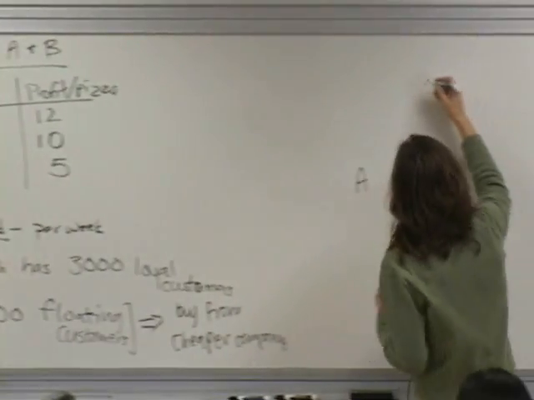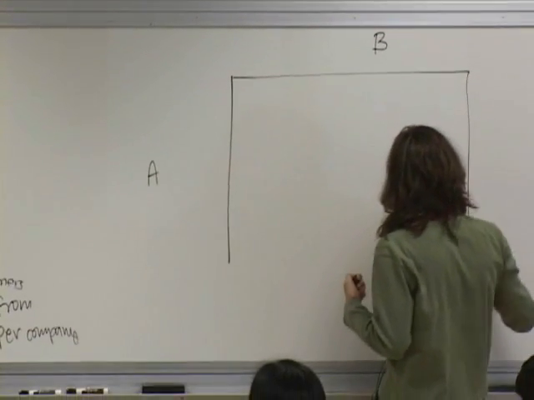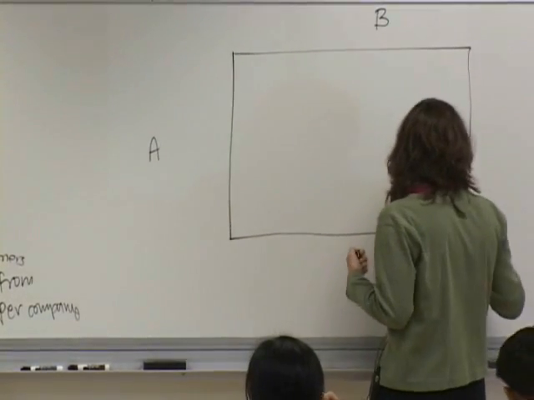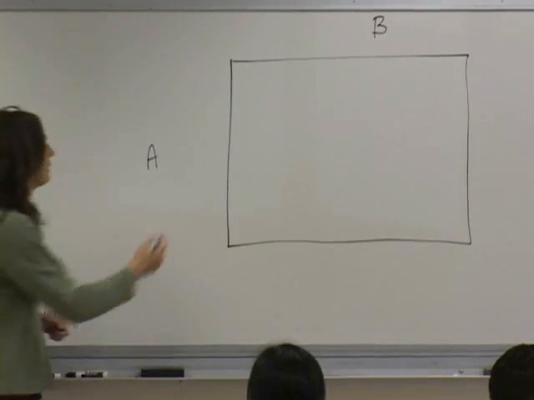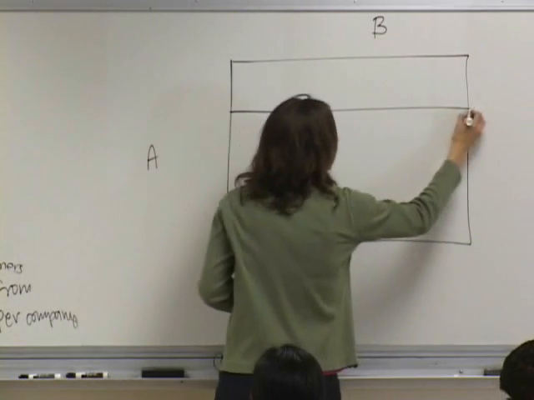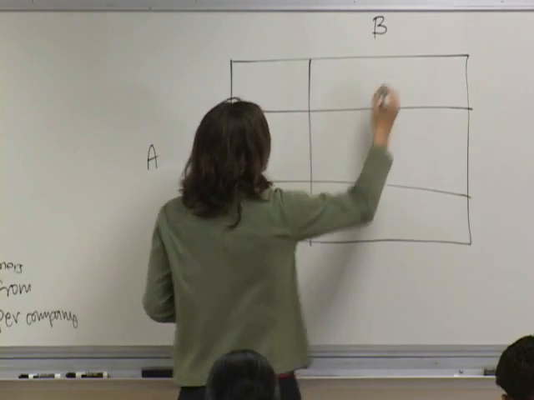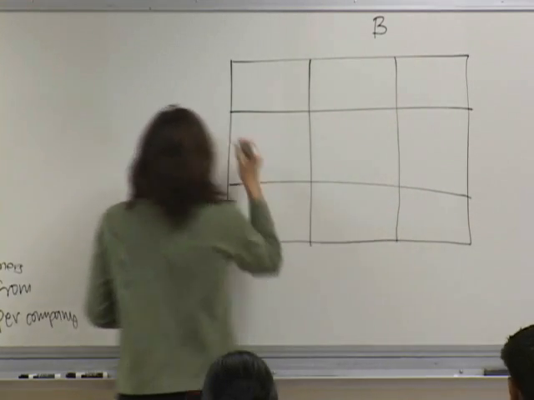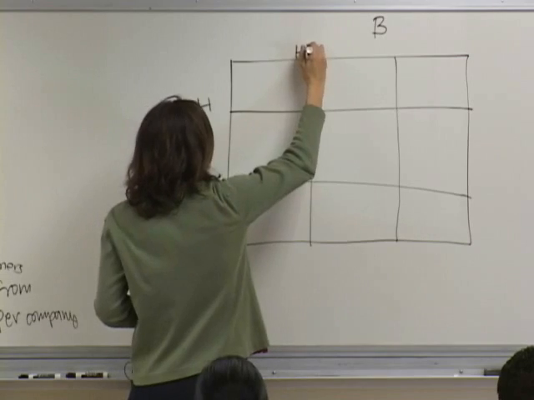Okay? So here, my game matrix now needs to be 3 by 3 instead of 2 by 2. Okay? Because there's 9 possible things that can happen. Depends on my price and your price. Okay? So we can both choose high.